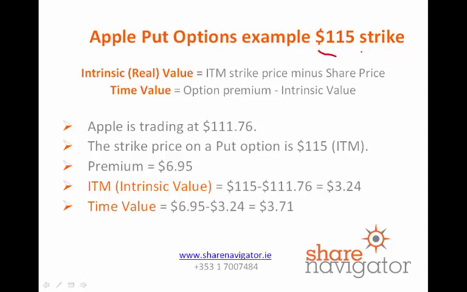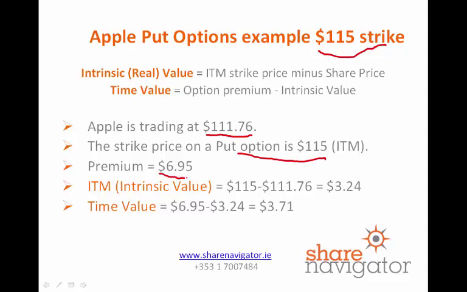On the put option side, this time we do have in the money value in the puts. The share price is trading at 111.76. The put option strike price is 115. So that's in the money. Again, thinking of that logically, if you've bought the right to sell the shares of Apple at 115 and they're only trading at 111.76, you've got an advantage there. So there has to be real value in that option contract.